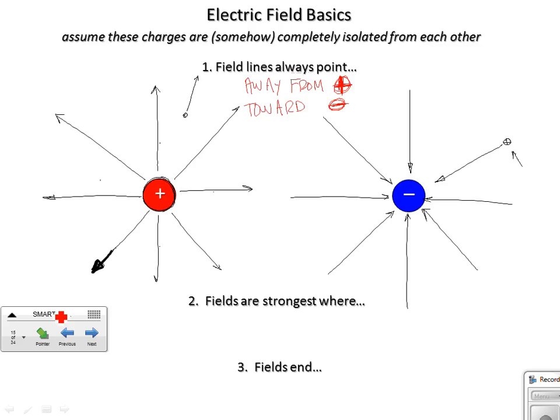The reason we do this first is we just have to know what direction electric field lines point, because when you draw electric fields, which you're going to do a bunch of tonight, you have to put arrowheads on your electric field lines. Now we know what direction to put those arrows in.